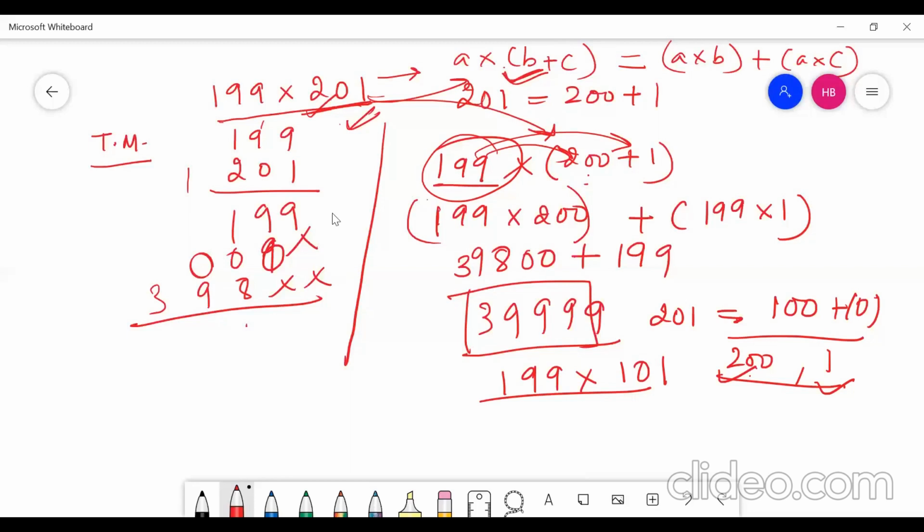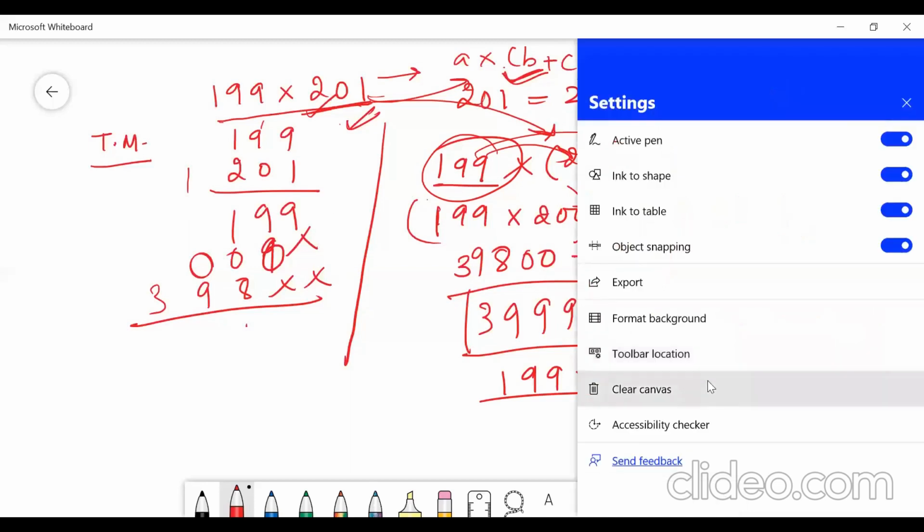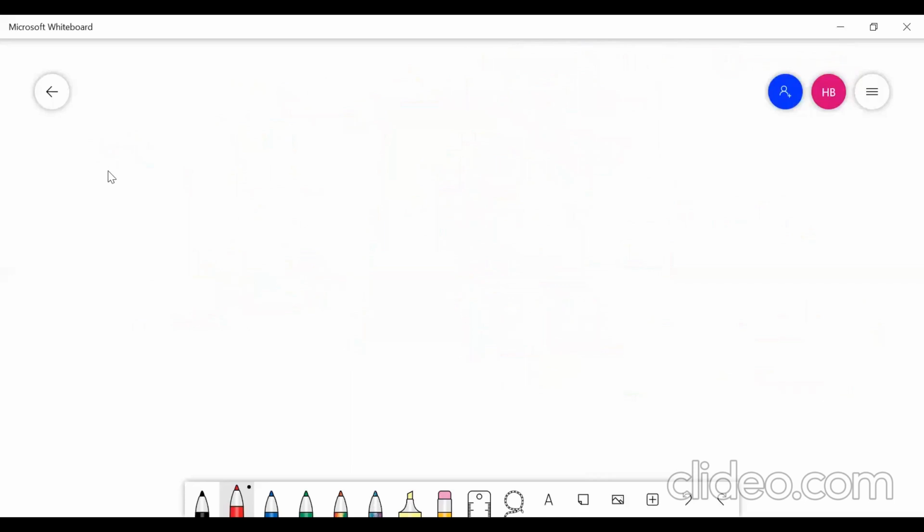Let's quickly take one more example so that we can do this. The other example which I want to take is, suppose 896 into 101. Okay, so I have taken again this example. Again I see 101. I know it is easier for me to break 101 into 100 plus 1, right? Why have I broken down 101 as 100 plus 1?